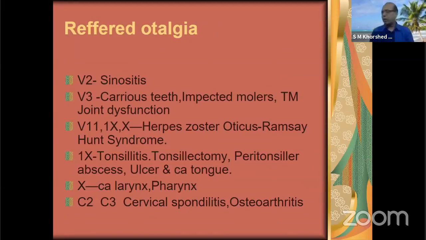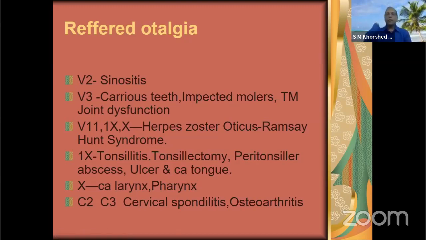Now the point of referred otalgia, which is very common. All the diseases I have discussed are external ear diseases, and here is just an indication and names of the diseases from which the otalgia is referred by central irradiation of impulses. The B2 means the second branch of the trigeminal nerve.